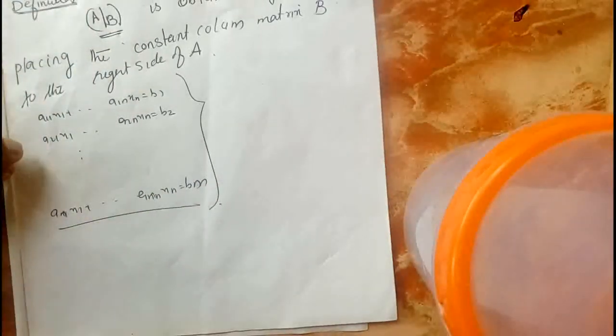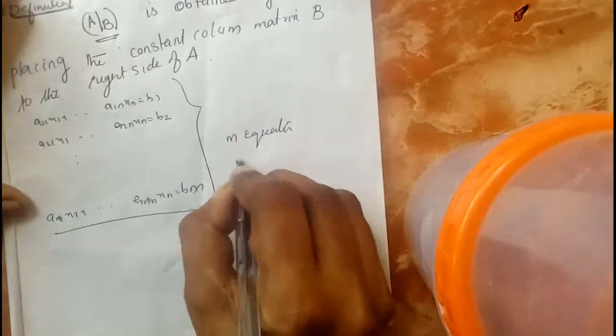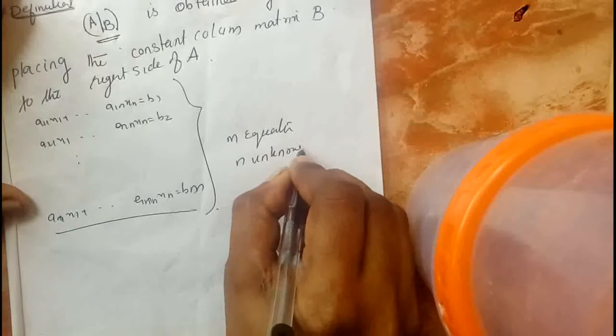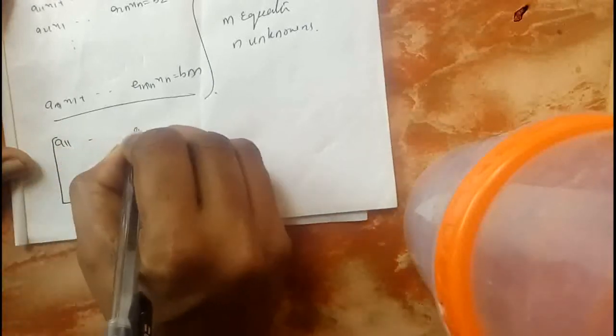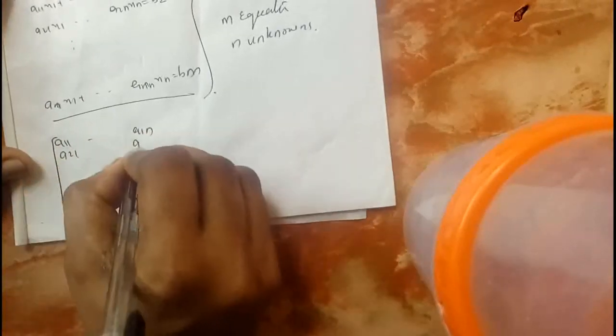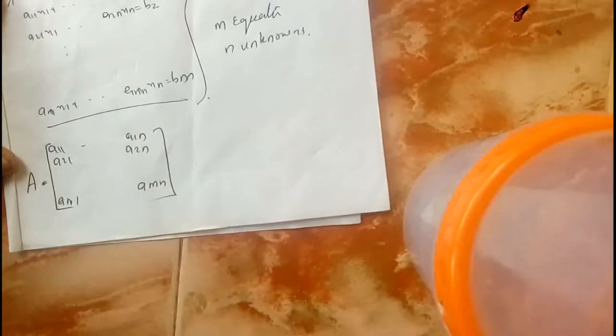We have m equations and n unknowns. So we can construct the coefficient matrix: a11 etc. a1n, a21 etc. a2n, etc., am1 etc. amn. That's the coefficient matrix.